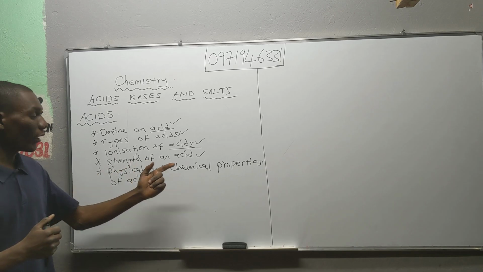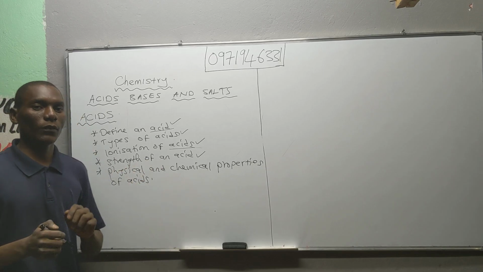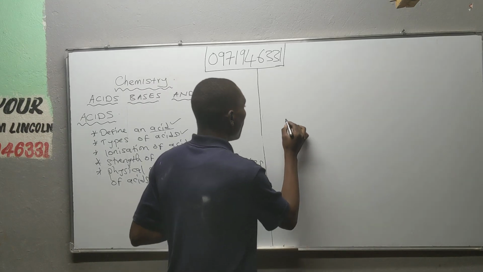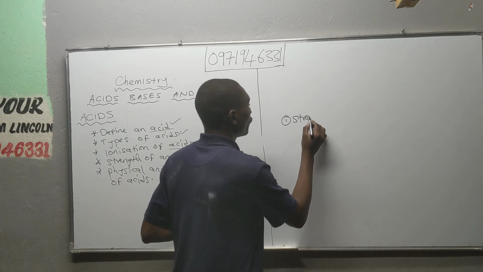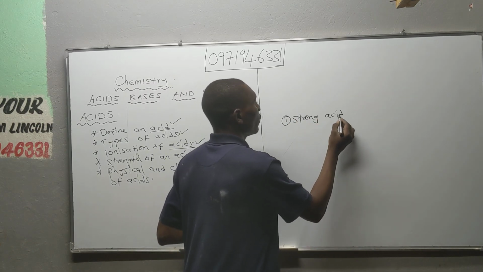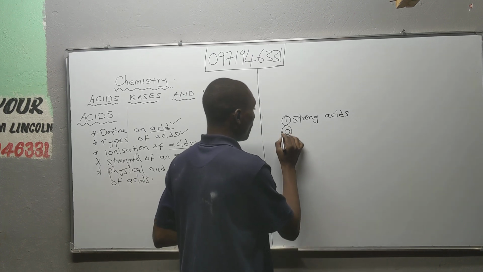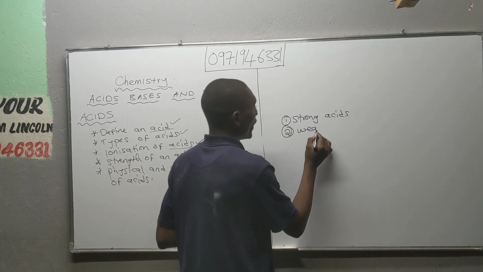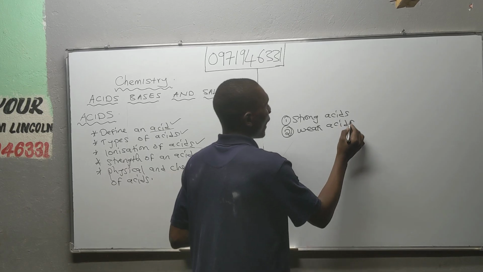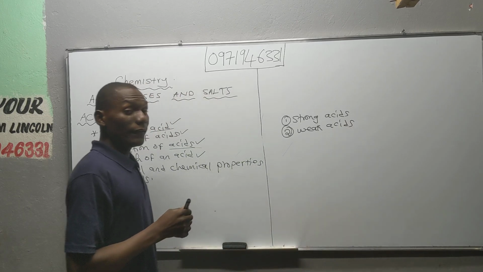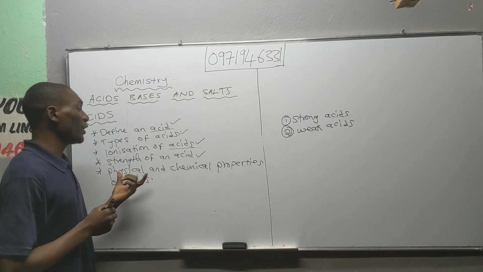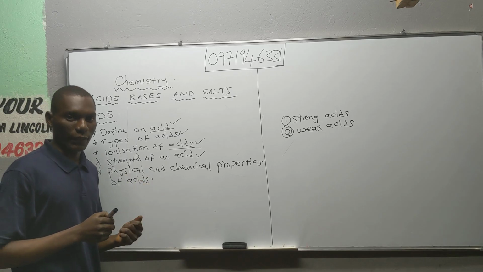So according to strength of an acid, there are 2 types of acids. Number 1, we have strong acids. Then number 2, we have weak acids. So these are the 2 types of acids according to their strength.